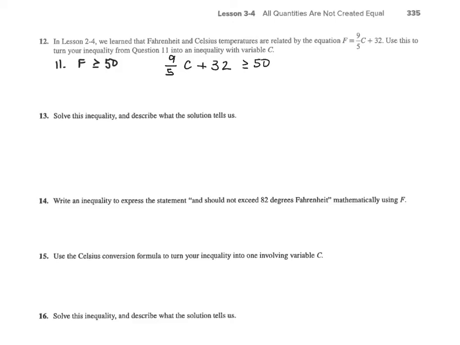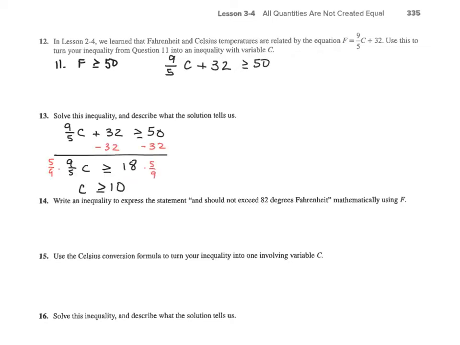All right, on 13, they ask us to solve this inequality and describe what the solution tells us. So I will go ahead and pause. You do the same and work out this inequality. Okay, hopefully you got C is greater than or equal to 10. So what I did is I first subtracted the 32 from both sides.